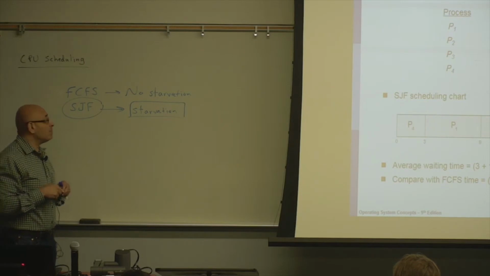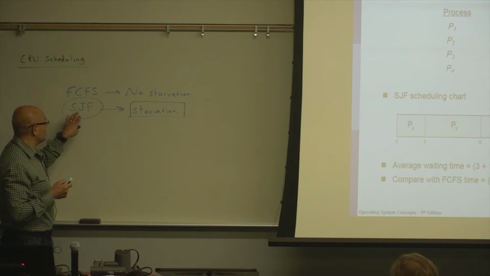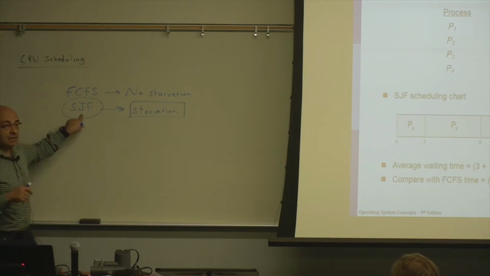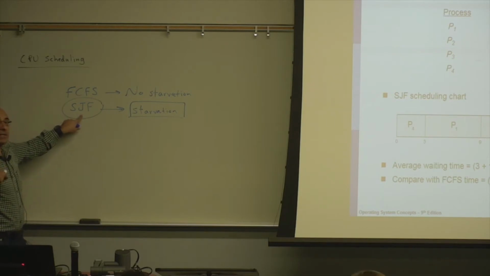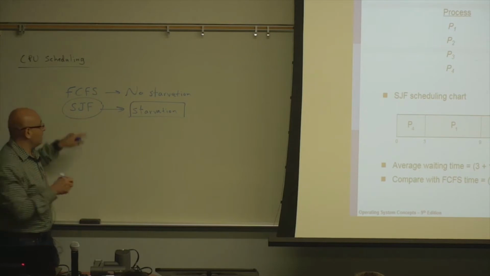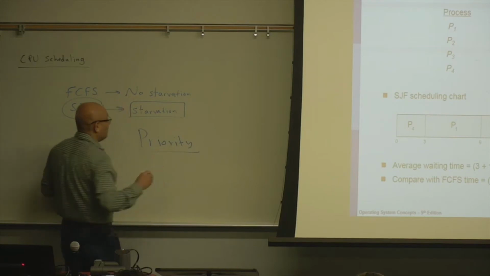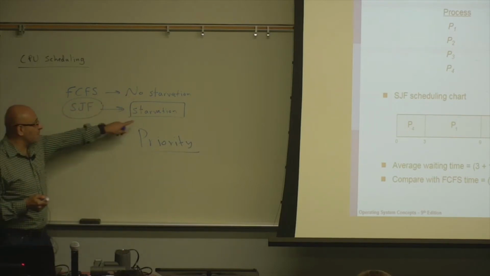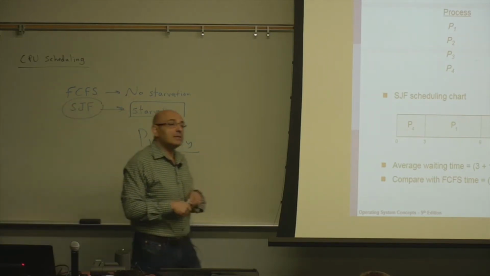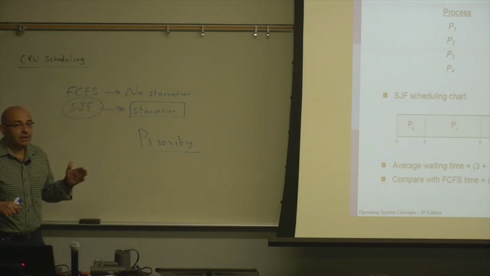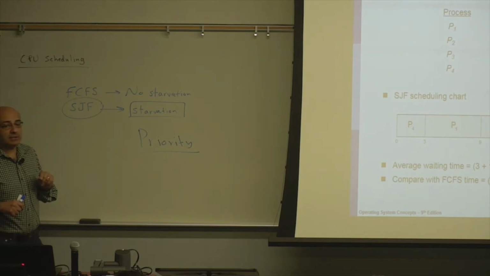Yeah, any priority-based algorithm. Shortest job first is a priority algorithm, where the priority is the length of the CPU burst. It's a special case of a priority-based algorithm, and any priority-based algorithm will suffer from starvation because higher priority processes may keep arriving while a low priority process is waiting.